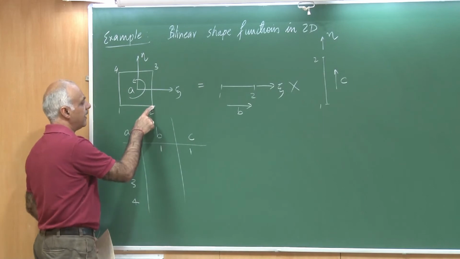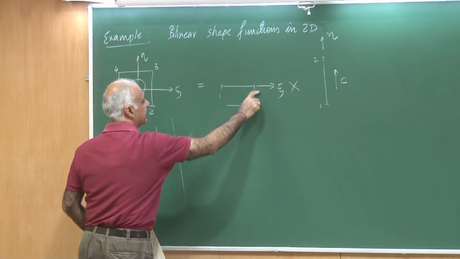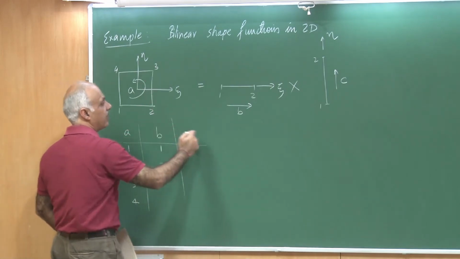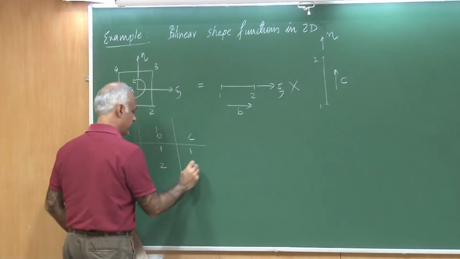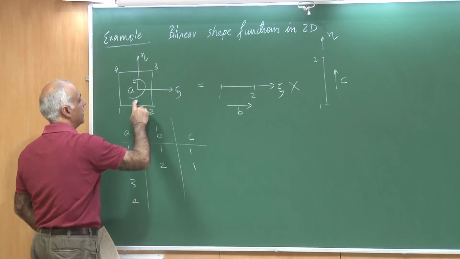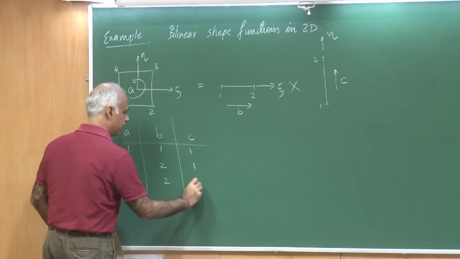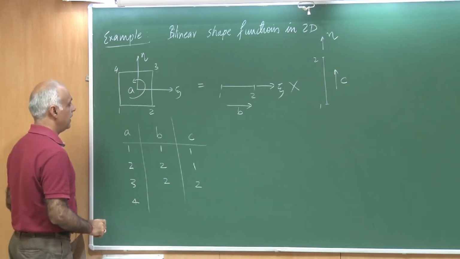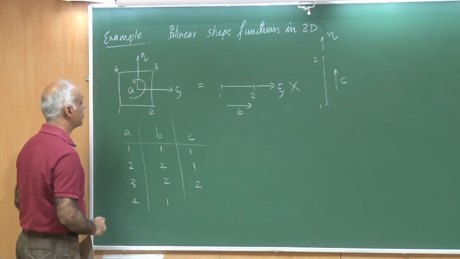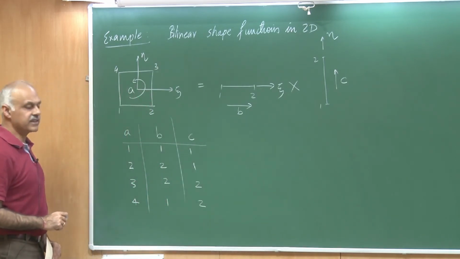If I want the second node of this element, then clearly it has progressed in the xi direction. So, this B should be 2, but then it is lying on the first node of the eta direction. To generate the third node, I am on the extreme of the xi and the extreme of eta. So, this would be both 2, 2, and likewise for the fourth node, I have B equal to 1 and for the eta coordinate, the C coordinate, I am putting index 2.